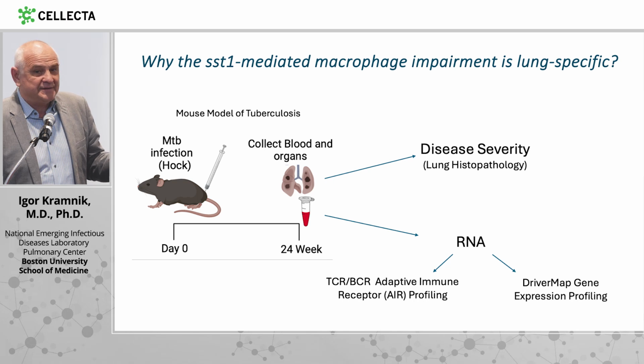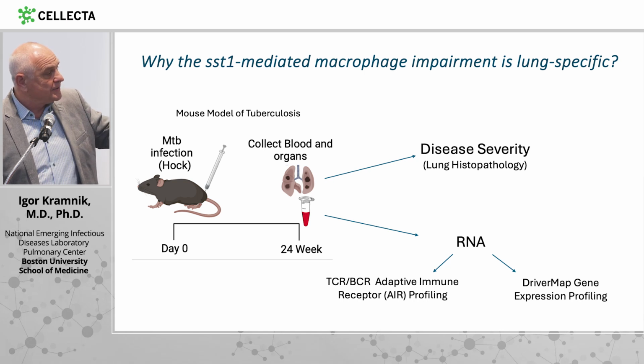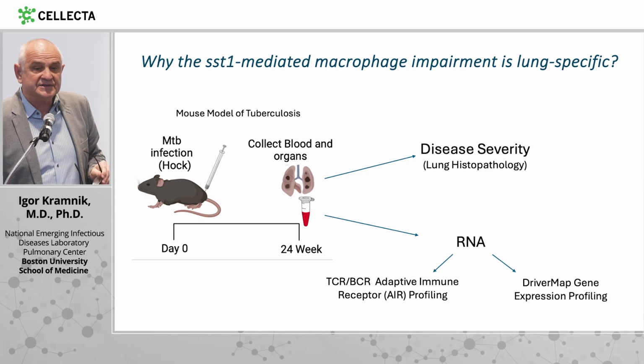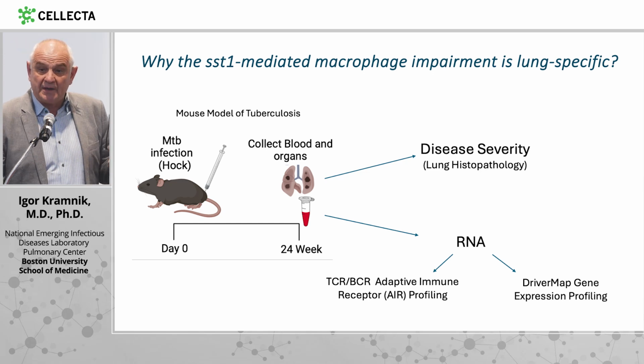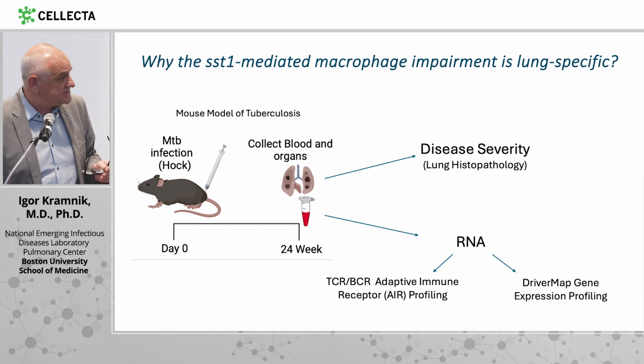Many people believe that tuberculosis is a lung disease because bacteria directly get there by aerosol. But in reality, it gets to any organ by multiple routes, but it targets the lungs, and we wanted to make a model that will allow us to address this.